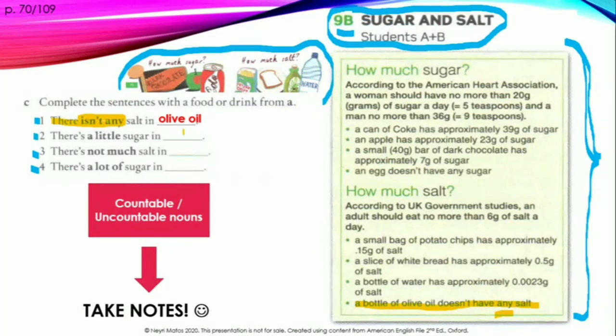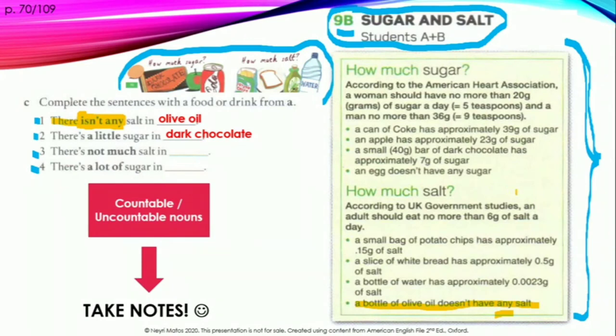So when you say that there is 0, you have to say any, right? You have to use any, but remember that any is used only for negatives and interrogatives, okay? So remember that. In number 2, we have there is a little sugar in. So here we have dark chocolate, right?